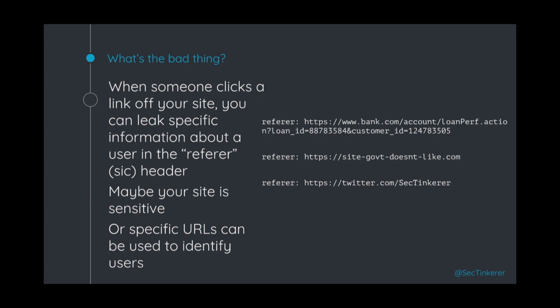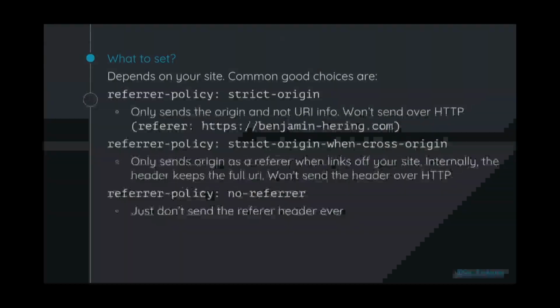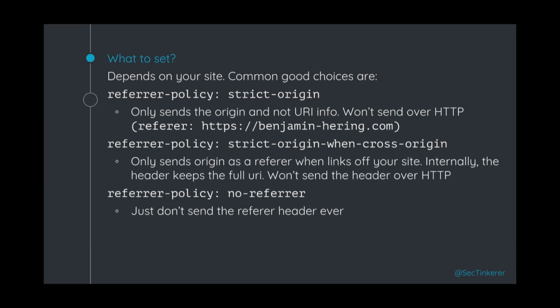So if you don't want to deal with any sort of information leakage, you can use the referrer policy. The specific things that you want to set, again, are going to depend on your specific site, but some good options might include setting it to strict origin, which just slices off the URI bit and includes only the domain name.